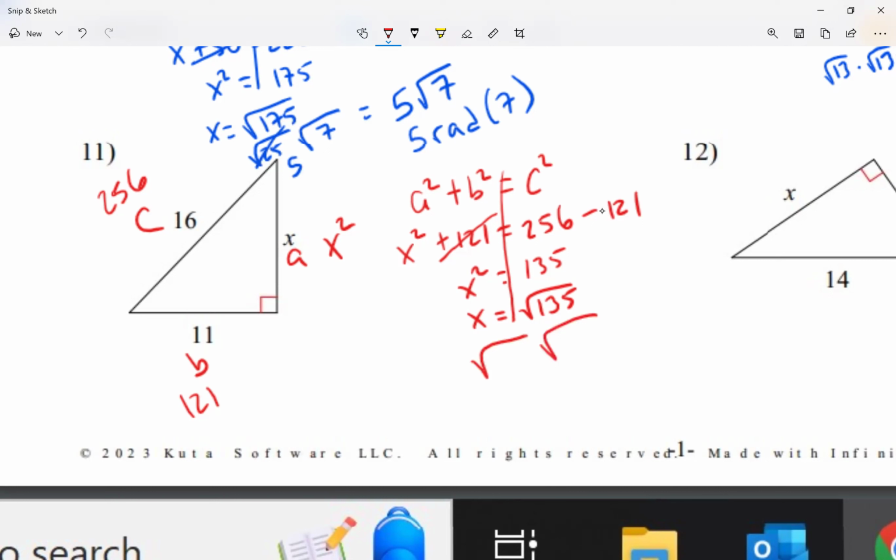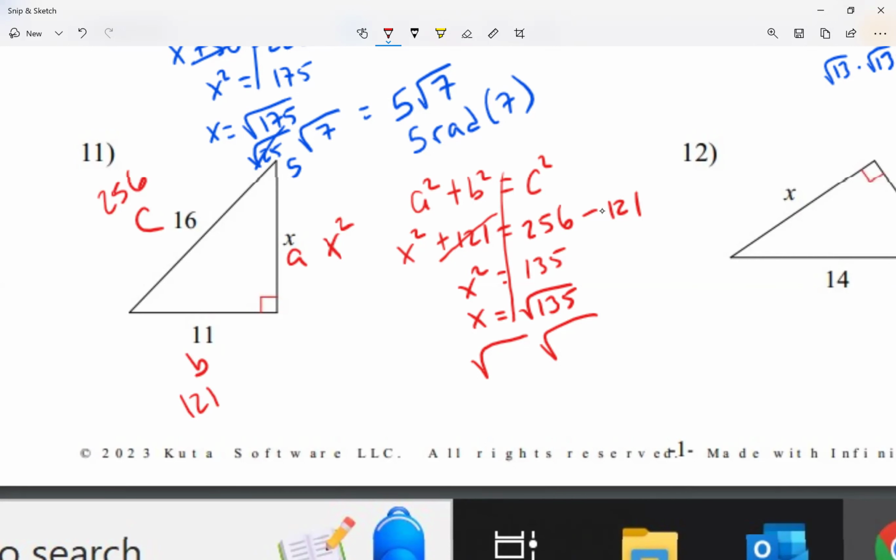I'm going to write this as two radicals. Remember, one of them has to be a perfect square. And then I'm thinking, can I use 4? Can I write a 4? I go to my calculator, 135 divided by 4. No, it gives me a decimal. Okay, so I cannot do that.